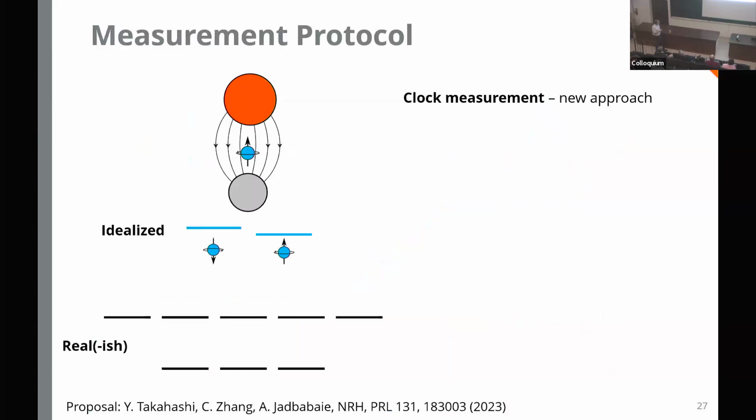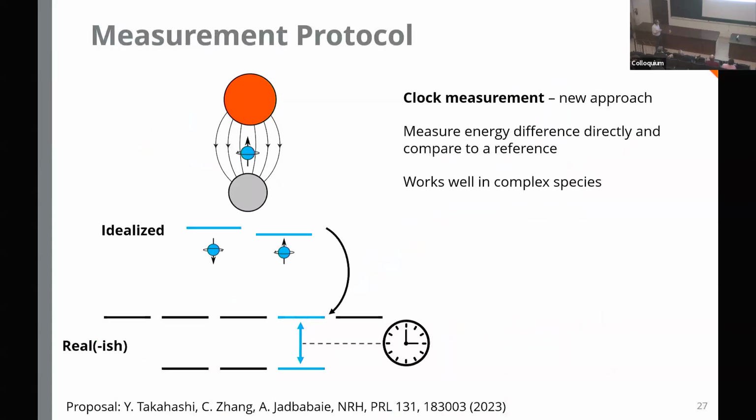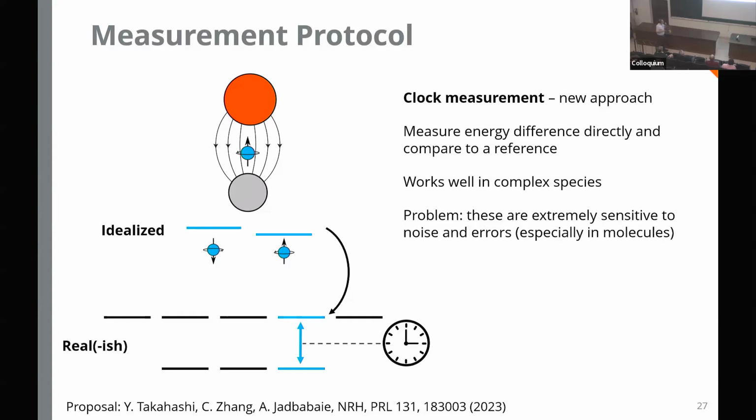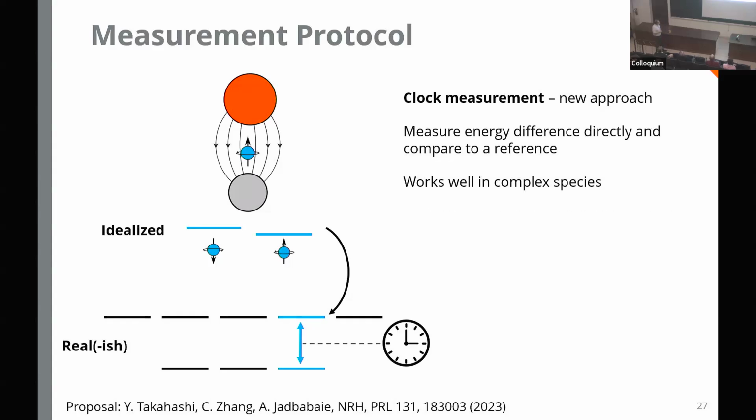What we do instead is we identify these two states with two states in the molecule that are separated by some energy difference, say some hyperfine energy. We can then measure that energy difference and do a frequency comparison, like a clock, to a frequency reference. And this approach works very well in especially complex species, which these molecules certainly are.